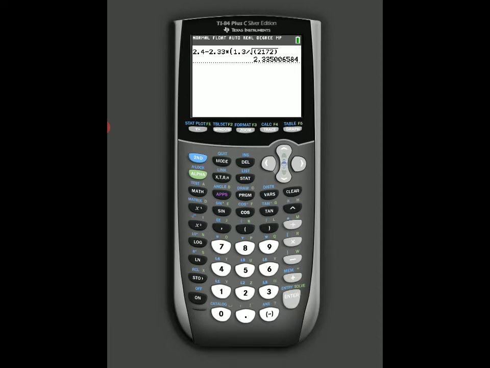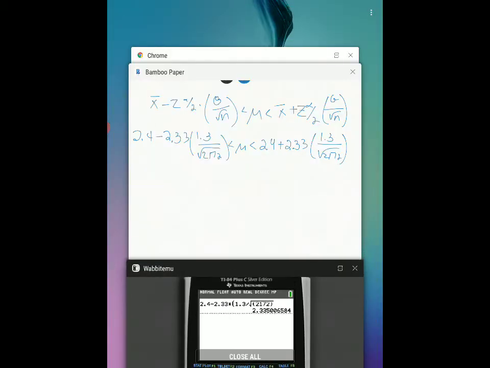So we get 2.335, and it asks us to round the answer to one decimal place. So it's 2.3 for our lower value.